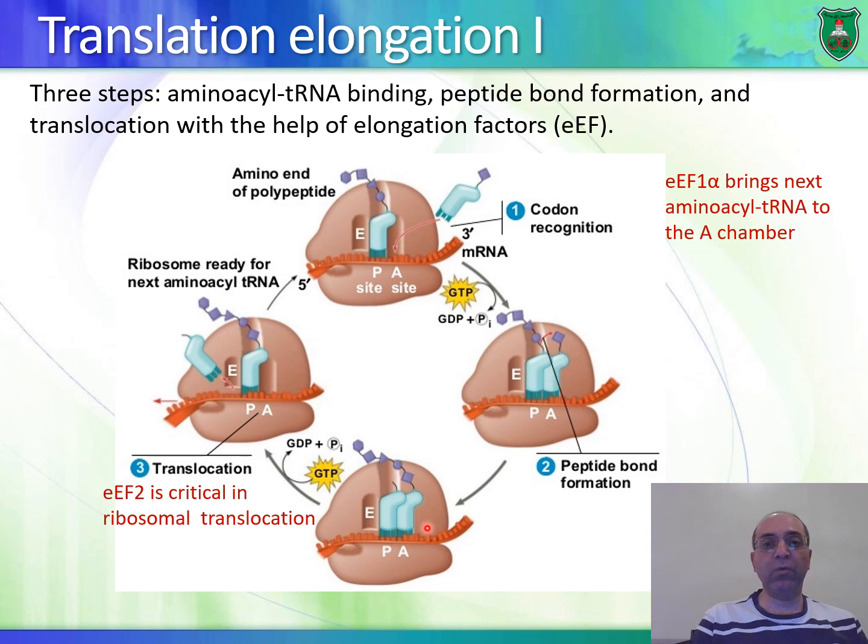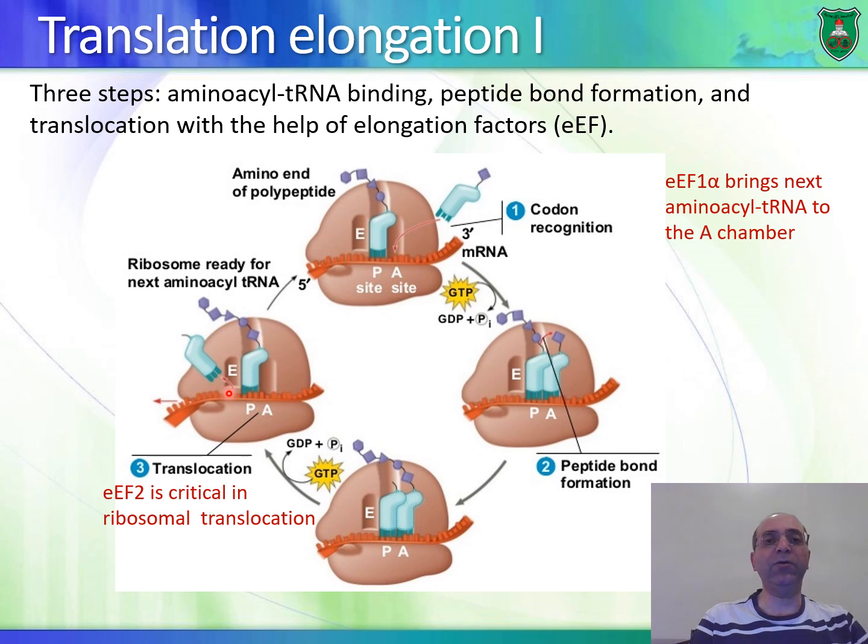So what happens then is that the ribosome, the whole ribosomal subunit, large and small ribosomal subunits, they get translocated. That is, they move one codon further. And this requires an elongation factor known as elongation factor 2. Now you have this tRNA molecule placed in the E site, E chamber, which means exit, and it gets released.